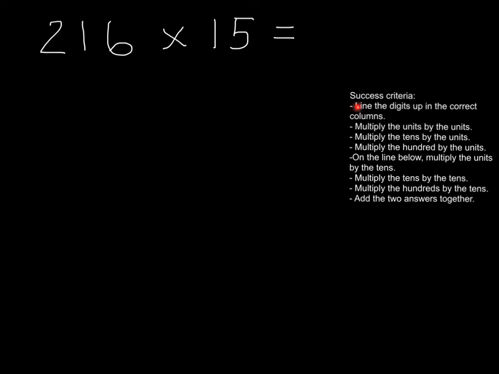So first, line the digits up in the correct columns. Then multiply the units by the units.